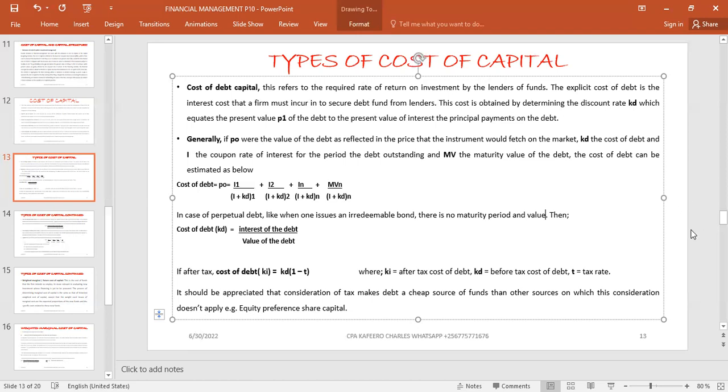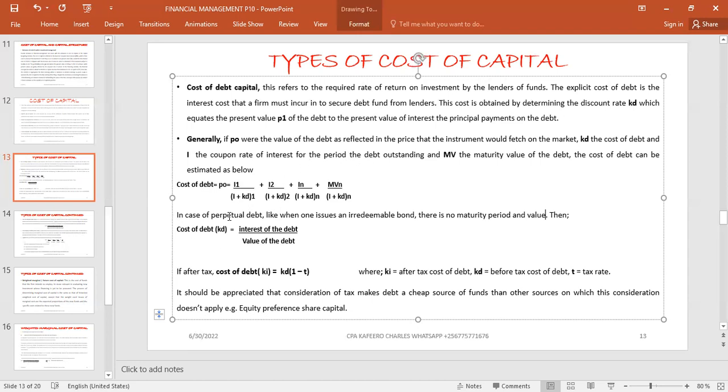We are saying our cost of debt will be the interest. We say this I is the interest for the period 1 over this Kd. And Kd, we said it is the cost of debt.